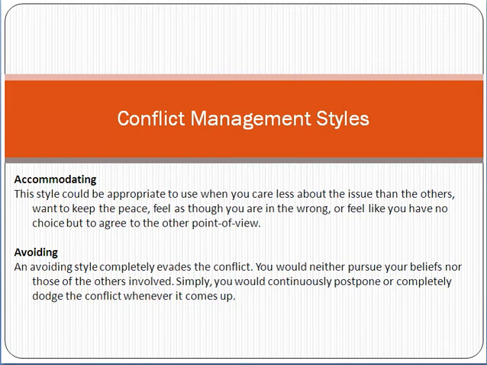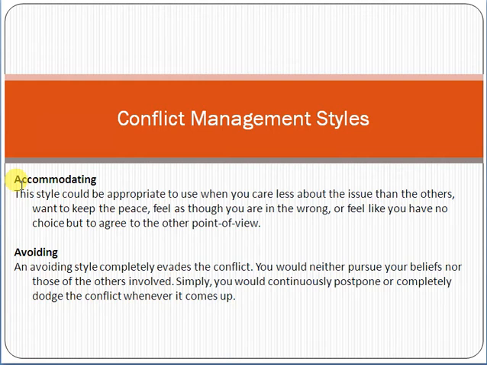First of all, friend, the first style is called accommodating. What does accommodating mean? Friend, this is a style when you think that the other party is right and you are wrong. Simply remember this term: accommodating means that you are accommodating the other party.